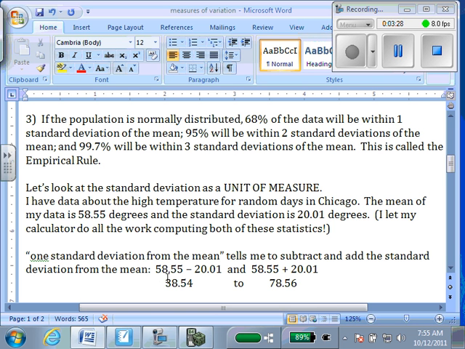So if the mean was 58.55 degrees and I subtract 20.01, I get 38.54 degrees. And if I add 20.01, I get 78.56 degrees. So if temperature in Chicago is normally distributed, then 68% of the high temperatures will be between 38.54 degrees and 78.56 degrees.